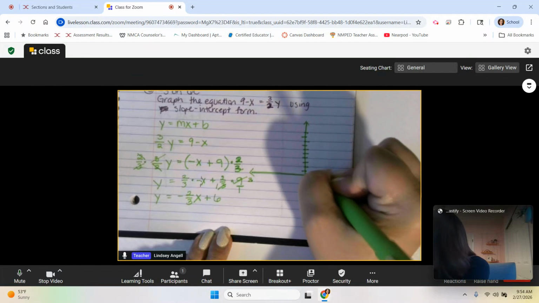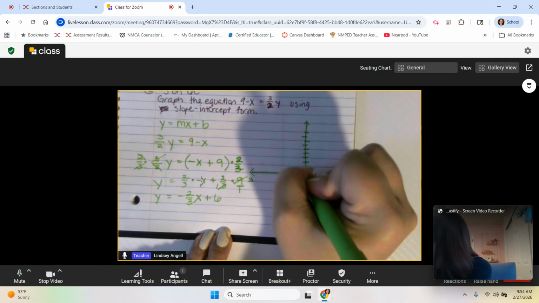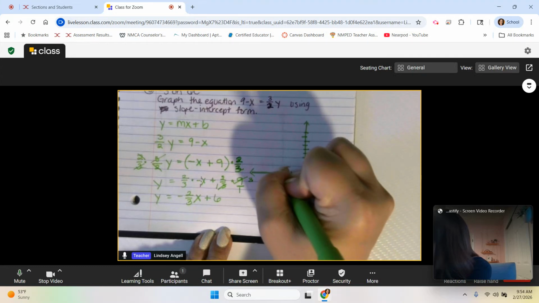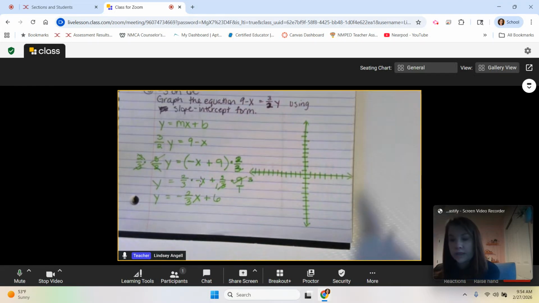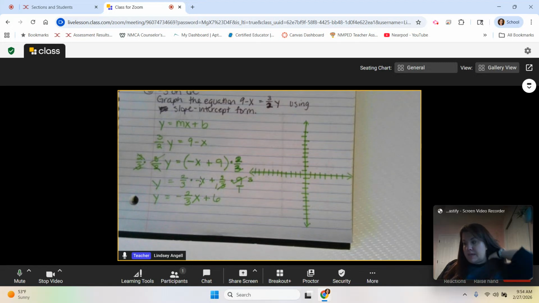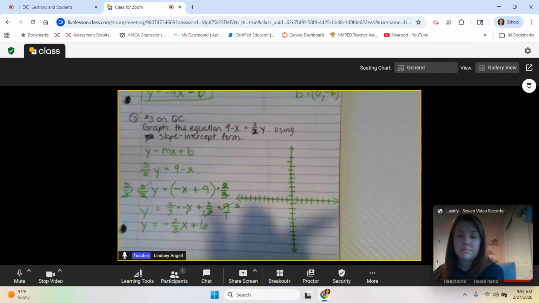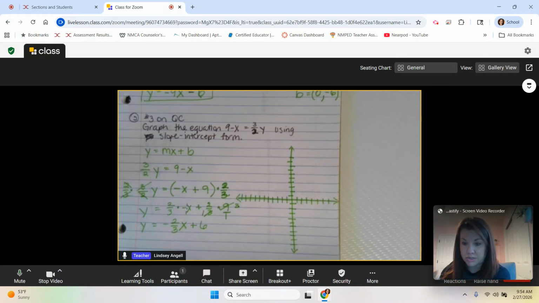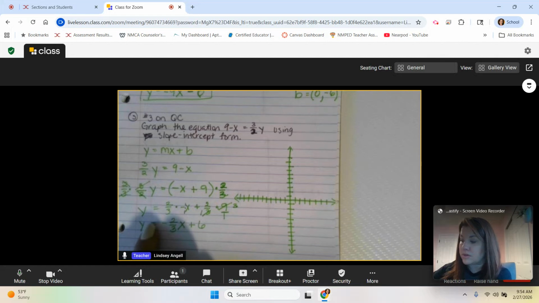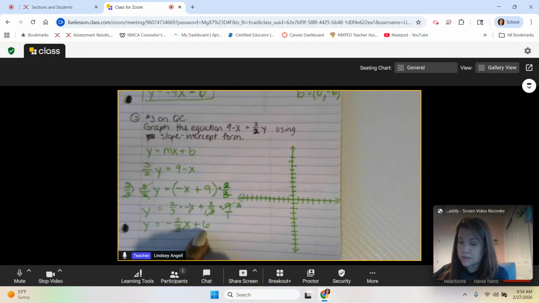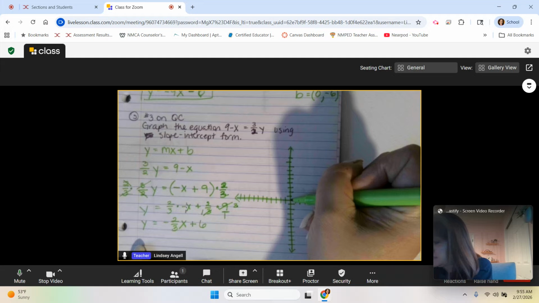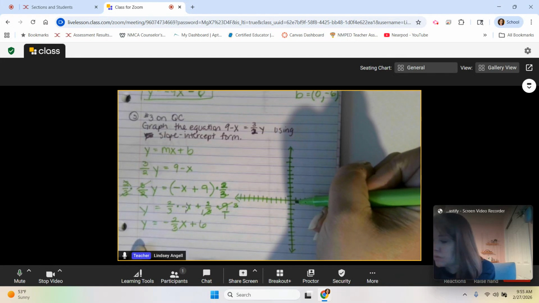And you could do the same on your paper, because when you go to do your quick check, you are going to have to choose the correct graph. Now, when you have it in slope-intercept form, the first and easiest thing to do is go ahead and plot this point. This is positive 6, so that tells me that's where I'm crossing the y-axis.